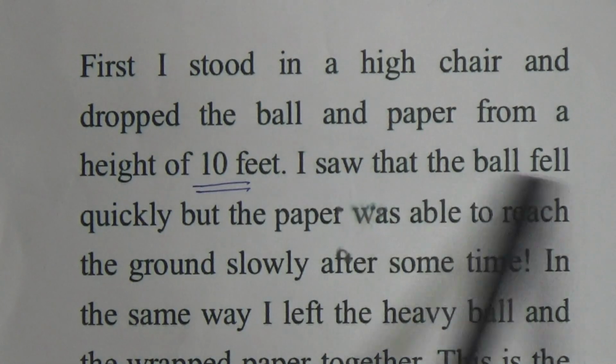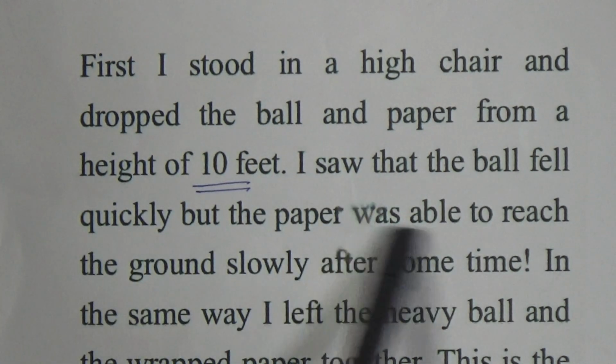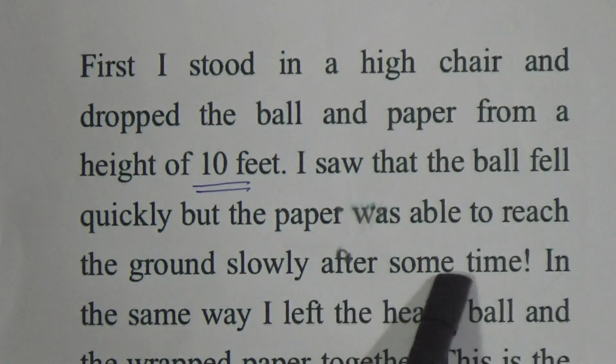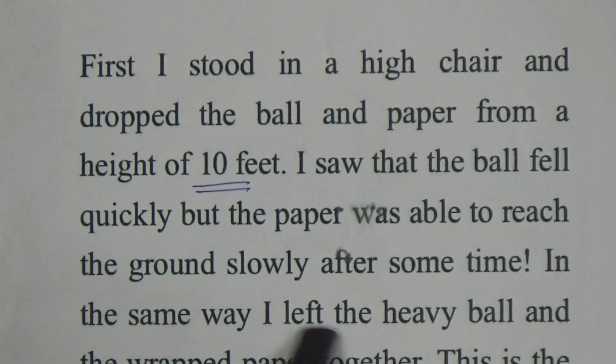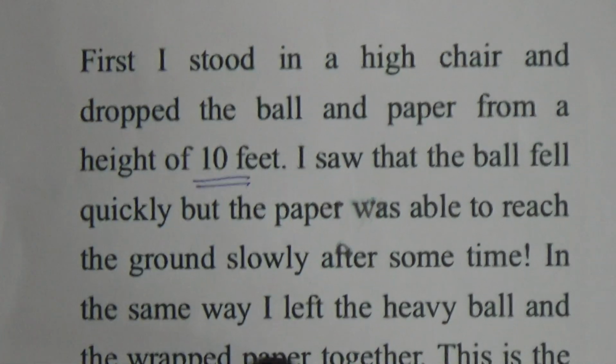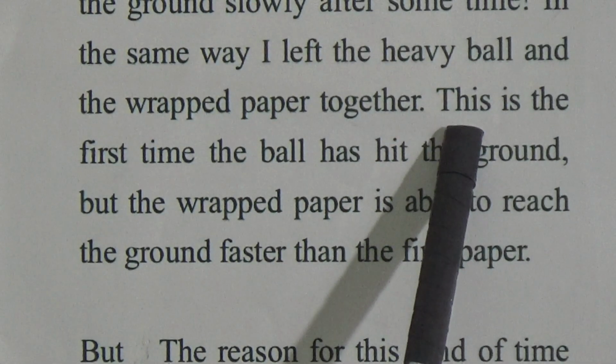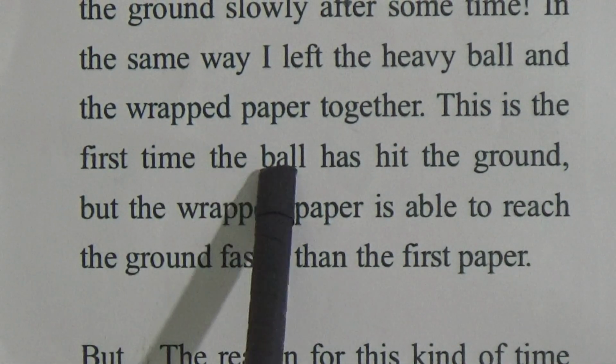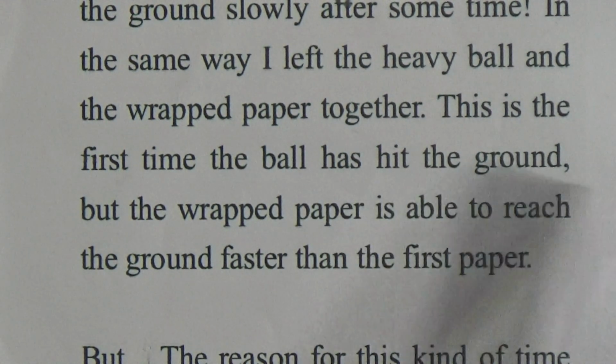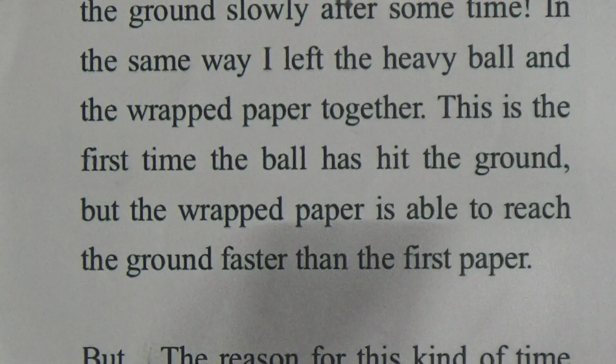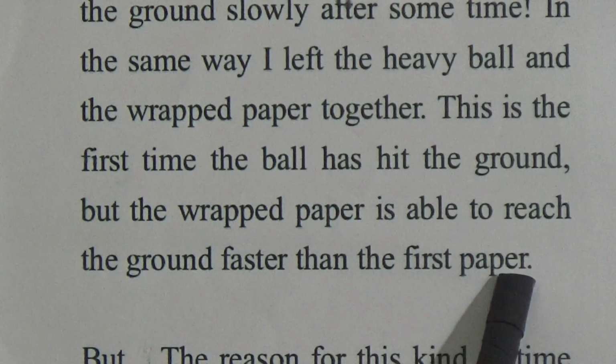I saw that the ball fell quickly, but the paper reached the ground slowly after some time. In the same way, I dropped the heavy ball and the wrapped paper together. The ball hit the ground first, but the wrapped paper reached the ground faster than the first paper.